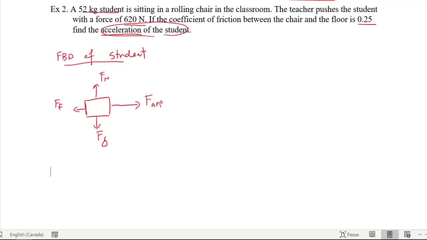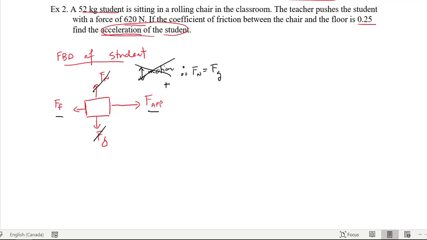Now, once again, there's no vertical motion for the student. So therefore, Fn and Fg equal each other. So I can cross these out. Those two are balanced. What's left to find net force is the force applied and the force of friction.